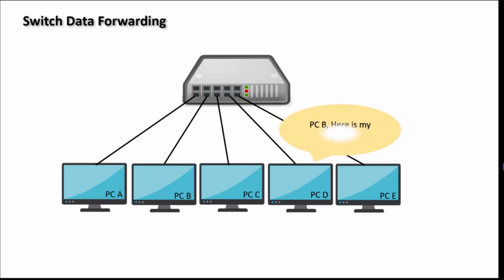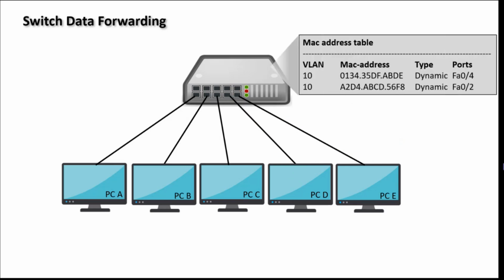The switch receives that frame on port number FA0/4, refers to the MAC address table and forwards it via destination port FA0/2. This is the switch forwarding process. The switch does not forward the frame destined for port number FA0/2 to any other port. This is the switch filtering process.